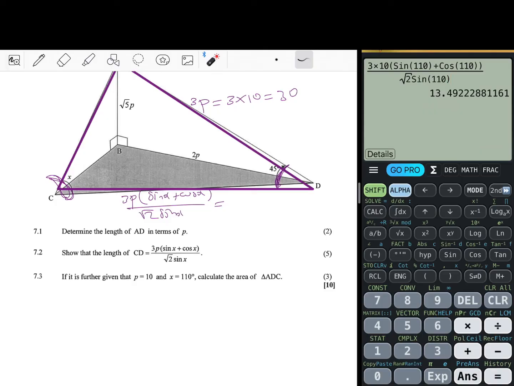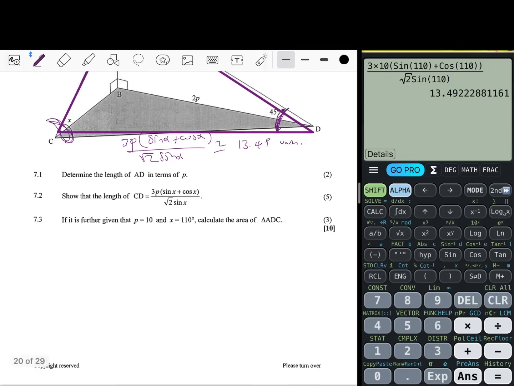And you're going to get almost 13.49 units. So that's the distance of CD.